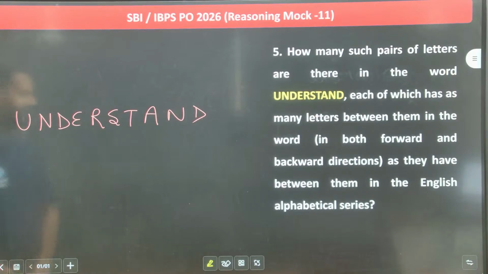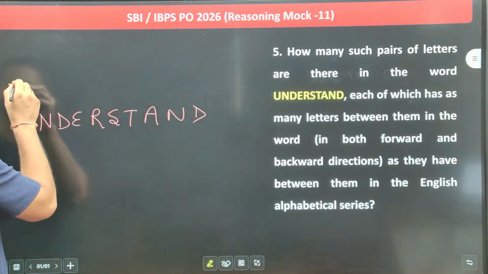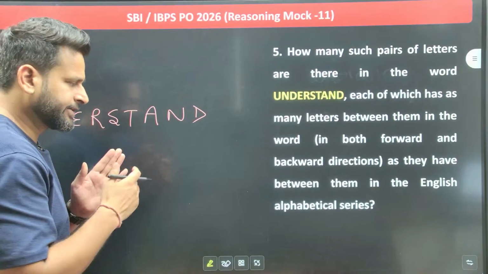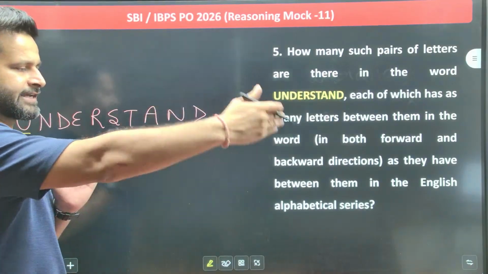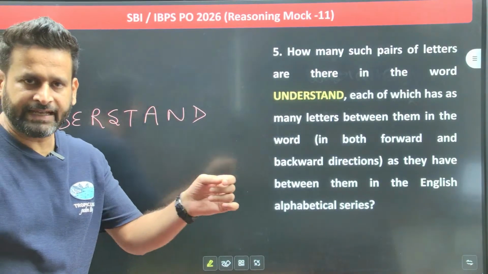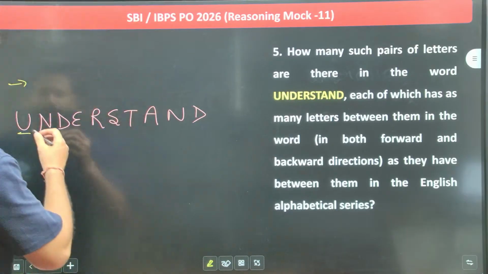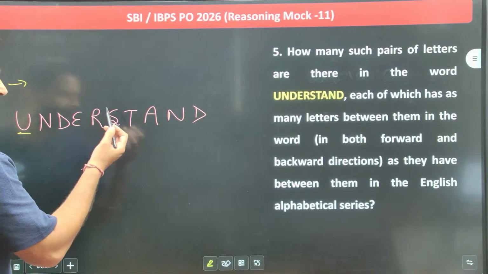So how do we check the number of pairs? Let's see in the forward direction. Starting from U, what we will do? After U, V, W, X, Y, Z. We will keep on moving one place ahead, forward. U ke baad V, W, X, Y, Z, no pair.